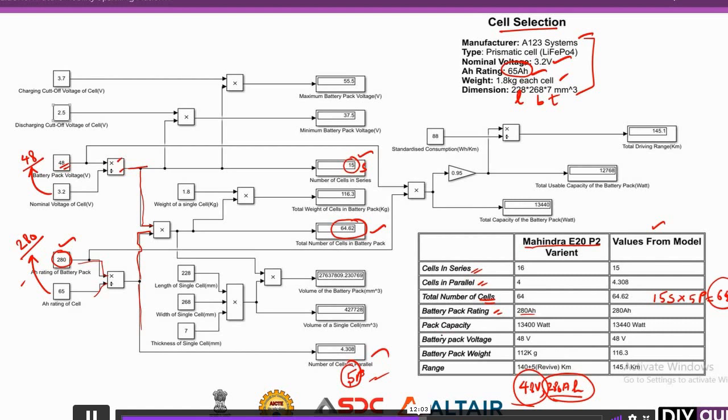Then we must calculate the pack capacity, which is the total power delivered by the pack.